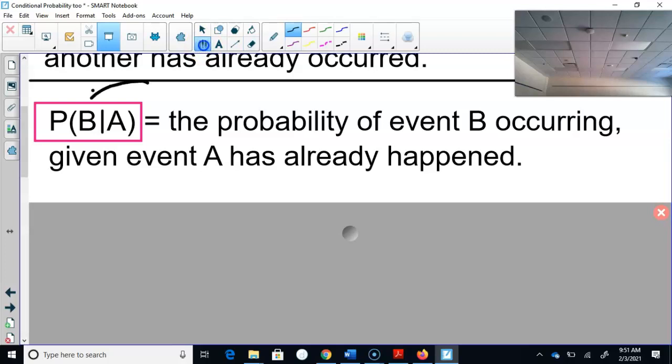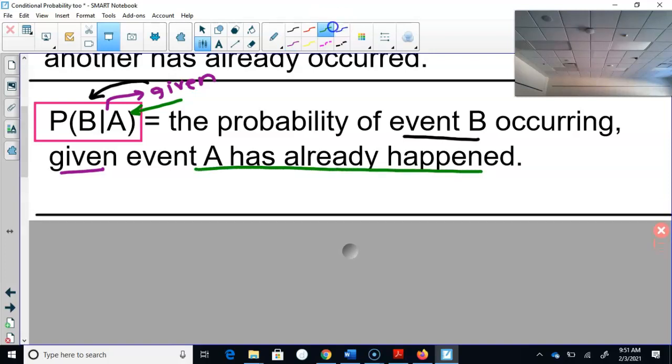We say the probability that B happens, and then this line right here means given A has already occurred. And we have that written down right here: the probability of B happening given the event that A has already occurred.